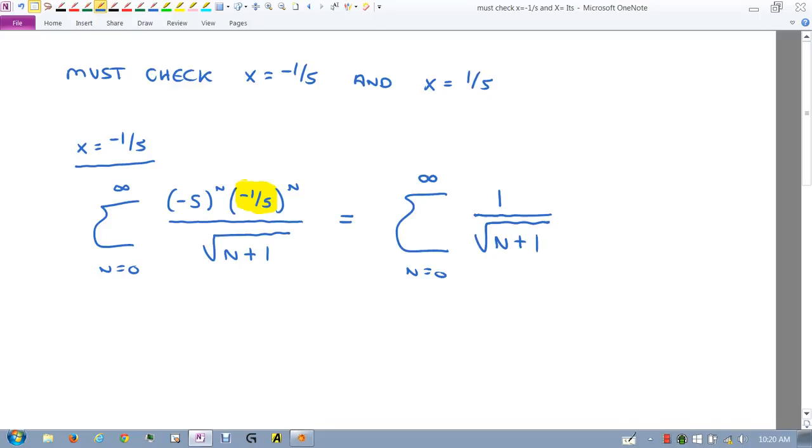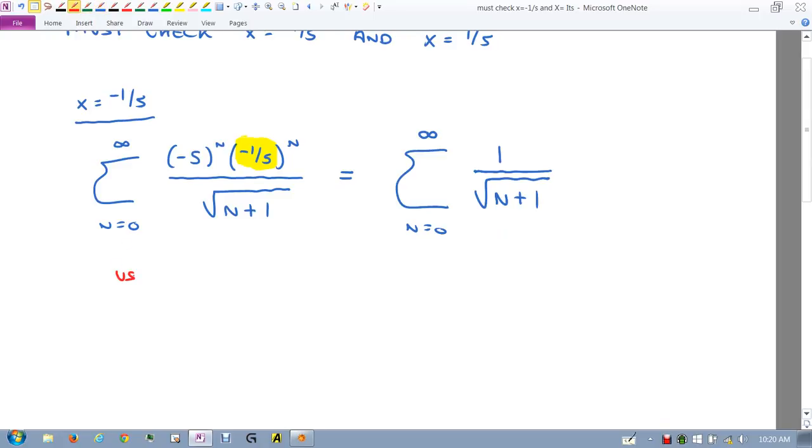So instead, why don't we compare it to a p-series? Let's use the limit comparison one, because that was the one that seemed to always be the nicest one. What do we need for the limit comparison?